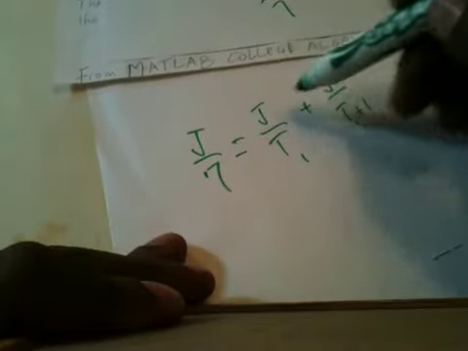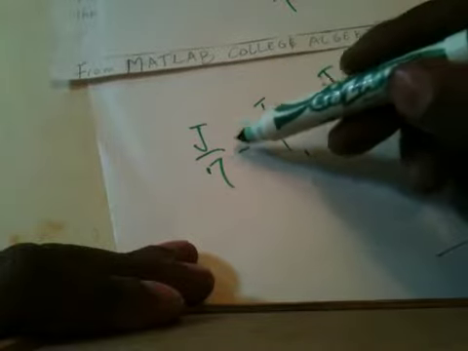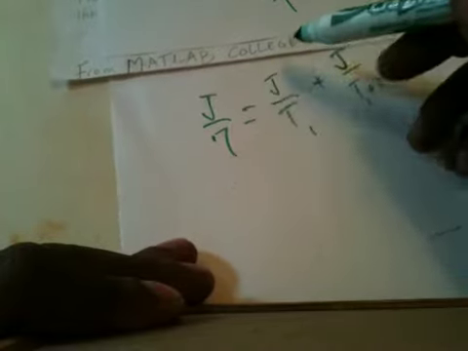Now I have the job everywhere, so I can cross them out because I have the job on both sides of the equation.